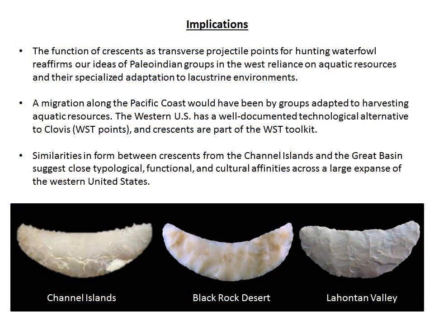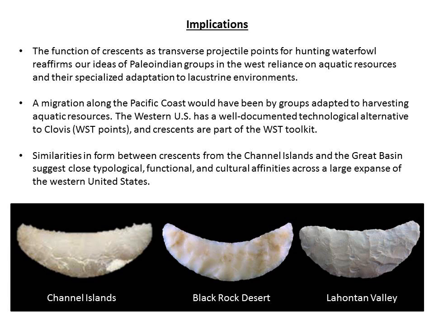The implications of this reaffirm our ideas of Paleoindian groups in the West and their reliance on aquatic resources. Their specialized adaptation to lacustrine environments, crescents were a specialized tool to procure resources in that environment. A migration along the Pacific coast would have been by groups adapted to harvesting aquatic resources. And we see that the western U.S. has a well-documented alternative to Clovis.